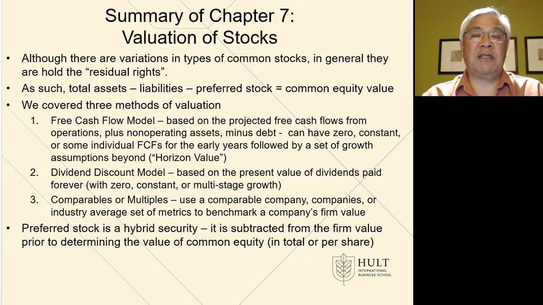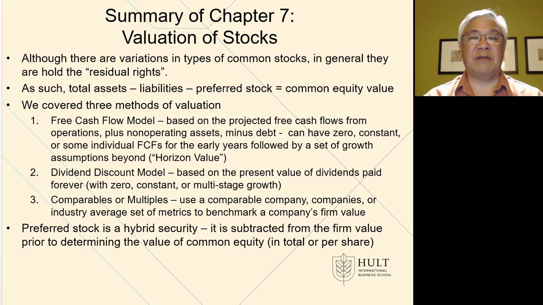And the three methods we've looked at in this chapter are free cash flow, from fairly simple ones where we are given free cash flow, to some with varying free cash flows, to then using projections. We then looked at dividend discount model, again, from very simplistic with no growth, to constant growth, to multi-stage growth, to kind of uneven growth.